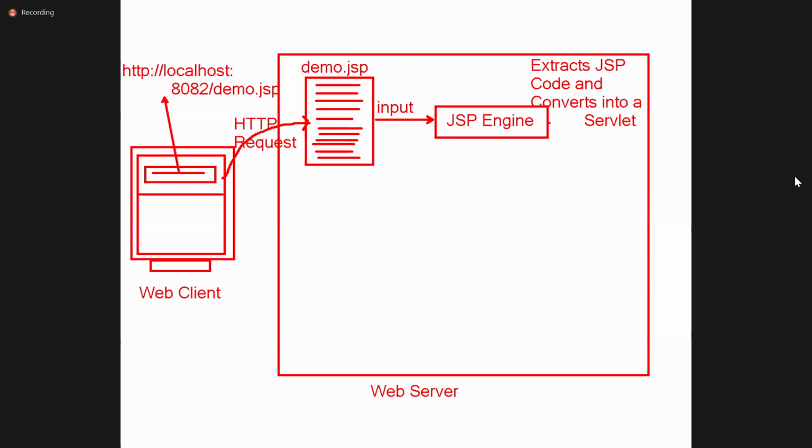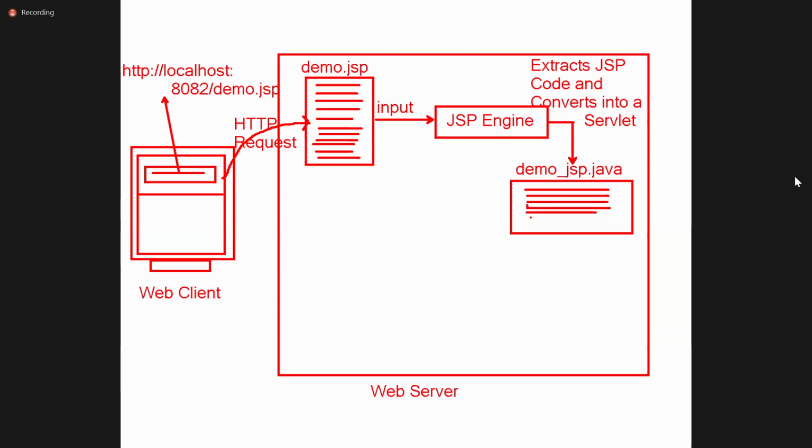So the JSP engine generates a servlet. If the file name is demo, then demo_jsp.java. If the file name is test, test_jsp.java. If the file name is sample, sample_jsp.java.